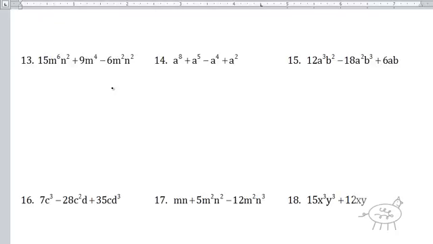Okay, so again, getting a little more complicated, but you have a 15, you have a 9, and you have a 6. So my greatest common factor equals 3, which goes into each of those. And then look for the smallest m, that's m to the 6th, m to the 4th, m squared, so m squared. And then look for the n's. There is no n for this one, so that means my greatest common factor is 3m squared. Okay, so we're going to divide each of these by 3m squared.